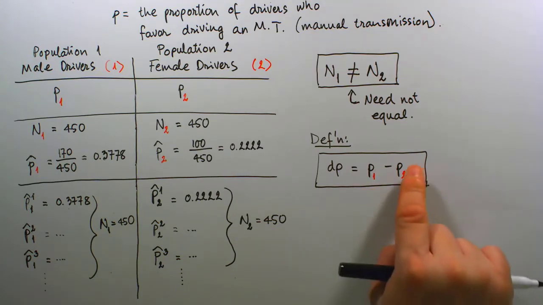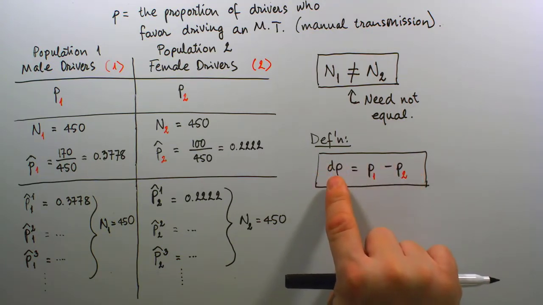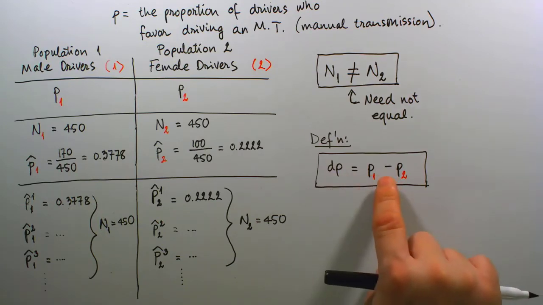We will always stick with this definition where dP, the difference in population proportion, is P1 minus P2.